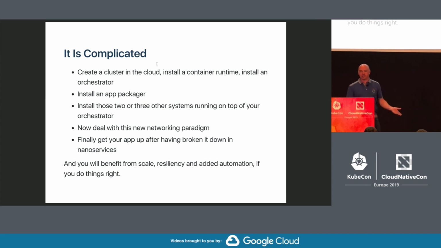Now deal with the networking, and of course install a service mesh, and then finally maybe you'll get to actually deploying your app, and it will be broken down in lots of microservices, right? If you do all of this, you're going to benefit from scale, you're going to benefit from automation, and velocity. That's the hope, right? But the truth is that this is actually super complicated.